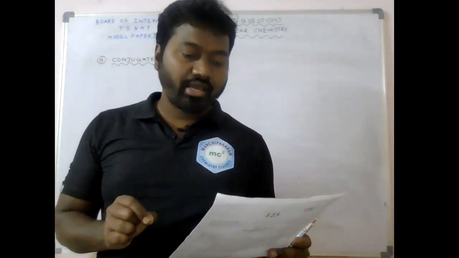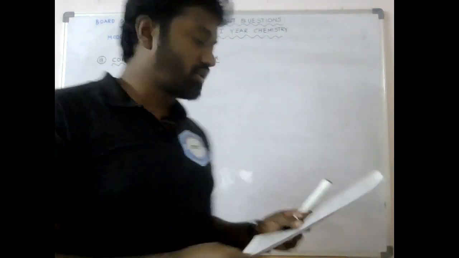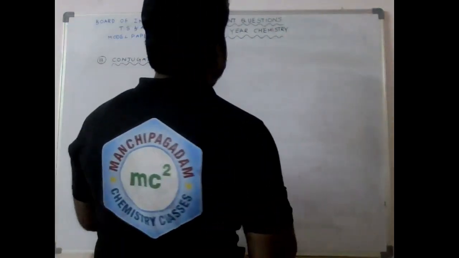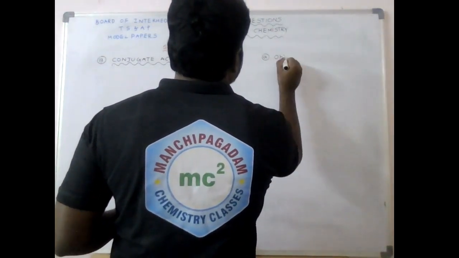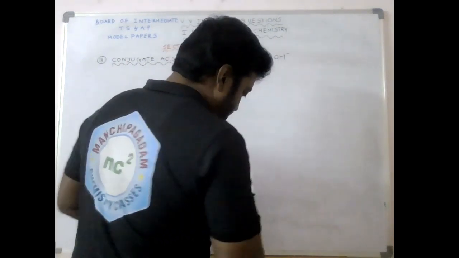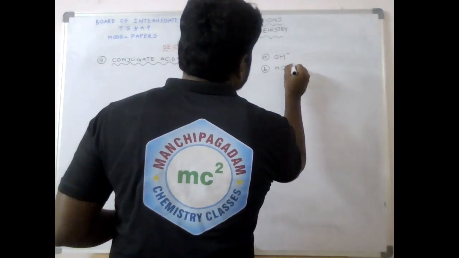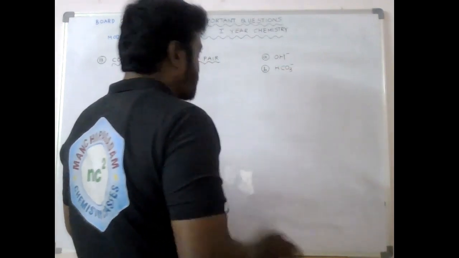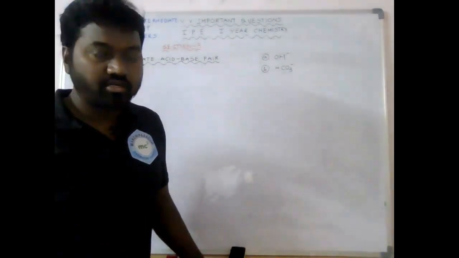Write the conjugate acid and conjugate base of each of the following. What are those? He has given A, OH minus, and B, HCO3 minus. So for these two, we have to mention the conjugate acid and conjugate base.